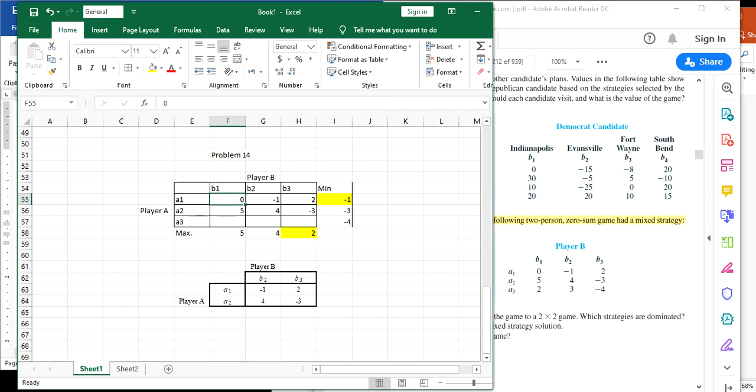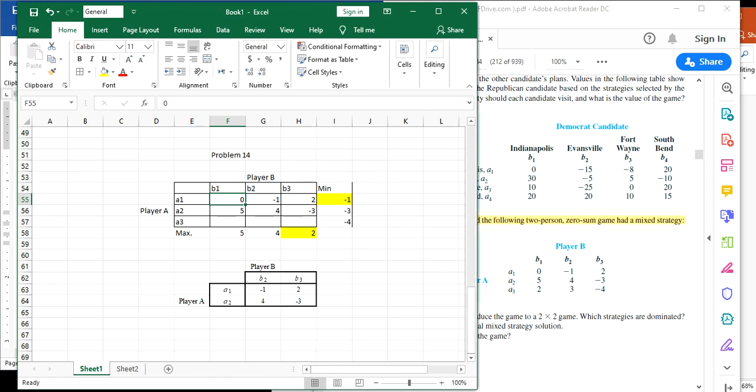Am I making some mistakes over here? B1 is not dominated by B2.